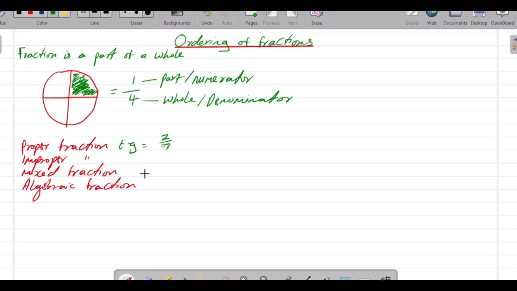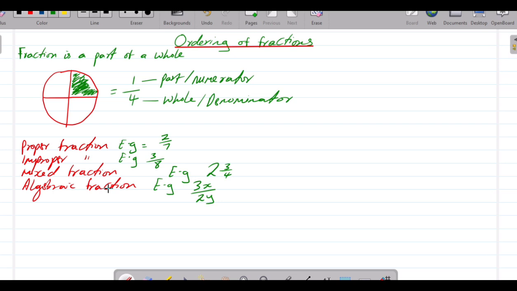This is a proper fraction. An example of improper fraction is 3 over 8. An example of mixed fraction is 2 whole number 3 over 4. Then for the algebraic fraction, we have an example in the form of 3x over 2y. This is an example of an algebraic fraction.